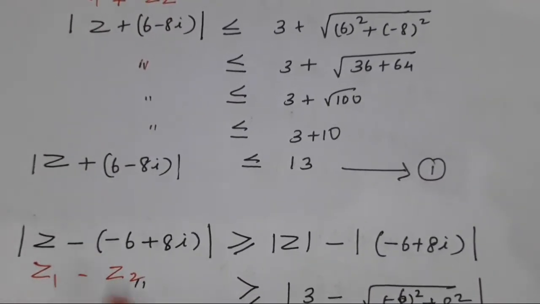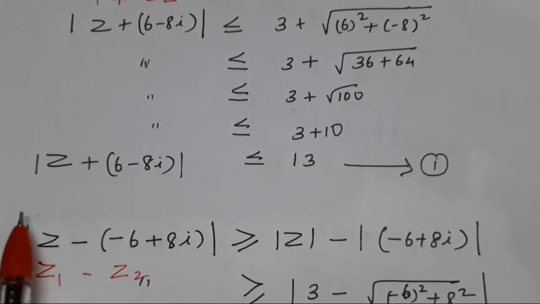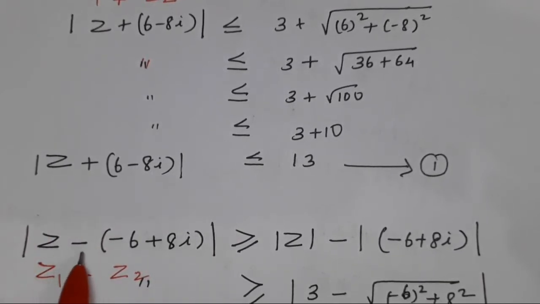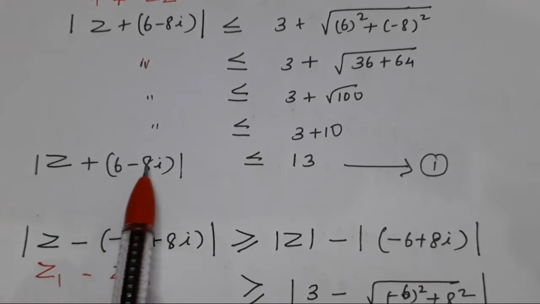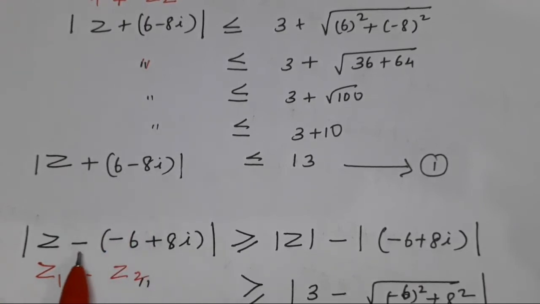So instead of plus, we substitute this without changing the value. The whole modulus of z minus, the plus 6 becomes minus 6, minus 8 becomes plus 8. If you multiply the same side, minus into minus is plus 6.